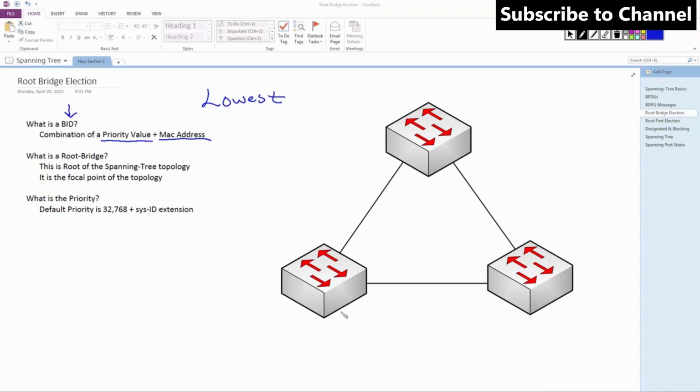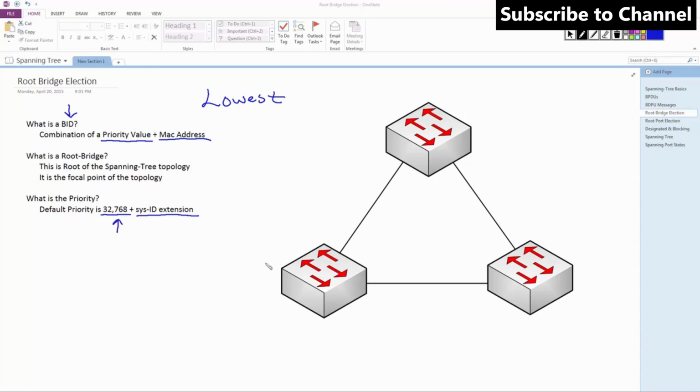Now, every switch has its own MAC address. And all our priority values will start off the same. Our default value for priorities on our Cisco devices will always be 32,768. Now, the system ID extension, notice I have a plus there. The system ID extension is nothing more than adding your VLAN number to this number here.